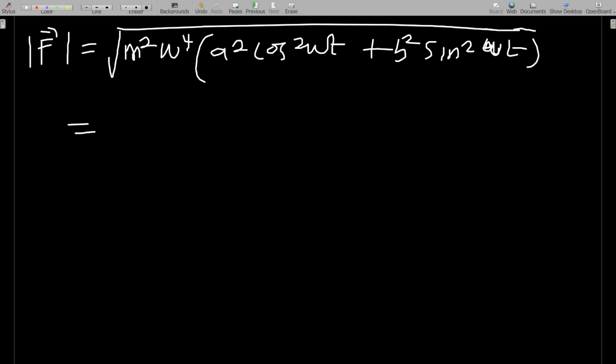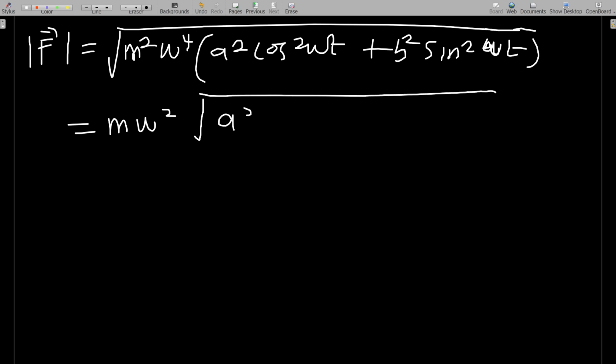So I'll have m omega squared, because the square root of this will give me m omega squared, then the square root of a squared cos squared omega t plus b squared sine squared omega t.